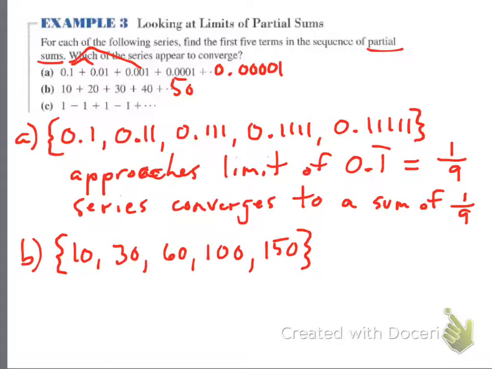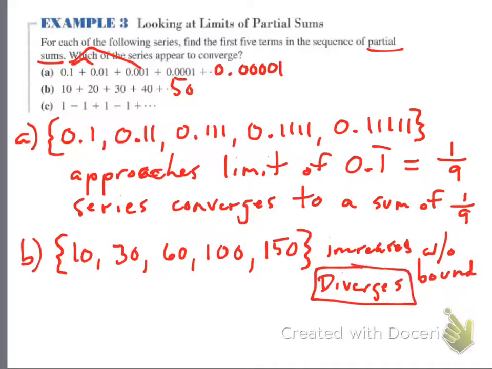It just keeps increasing. All right? There's no cap. It's never going to approach anything. So this increases without bound. Meaning that the numbers are just going to get bigger and bigger and bigger, and there's nothing that's going to stop it. So it diverges. Because there's no limit. Okay?